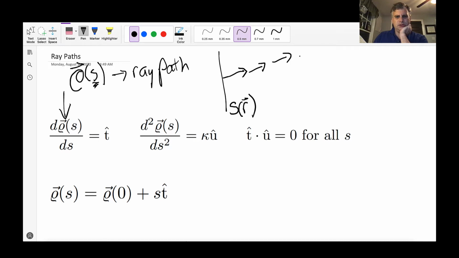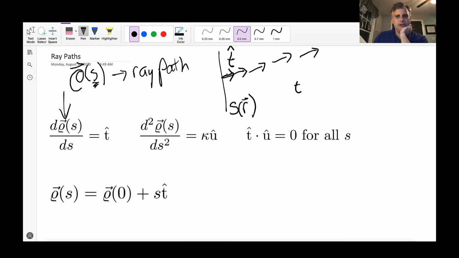So this will progress like this, and we'll define that path by saying the derivative of the position as a function of s is equal to t, a unit vector that always points normal to the iconal. So we give it a little hat because it's a unit vector.